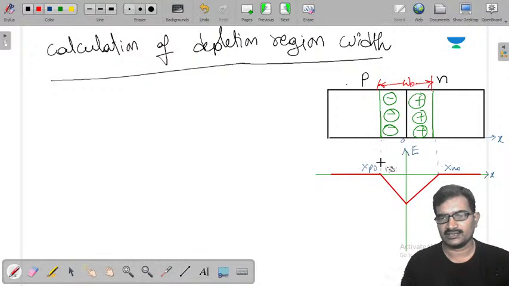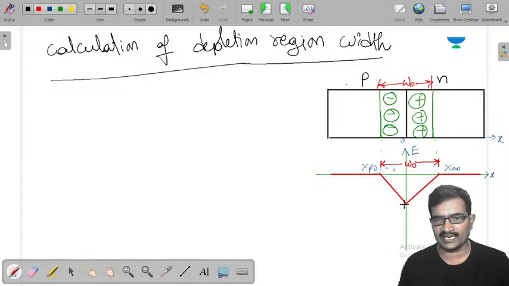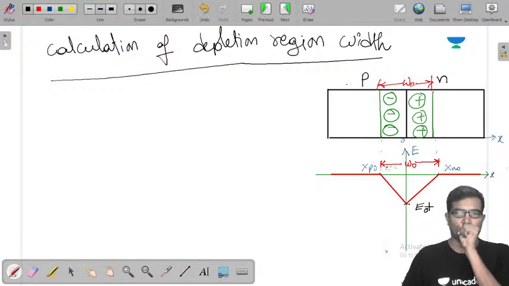Don't forget, this is the depletion region width W0. And this is the maximum electric field E0. Now clear.